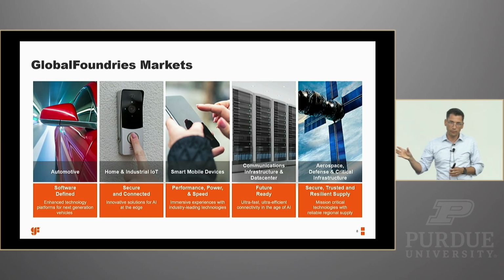So within the smartphone, several chips included, and many of those components are something we produce. Communications, infrastructure, and data centers. So silicon photonics, so doing optical interconnect and integrating that with a silicon wafer. And finally, aerospace, defense, and critical infrastructure. Again, I mentioned we have a global presence. We have the ability to source technologies from multiple locations globally, and that makes us very resilient to supply chain challenges.